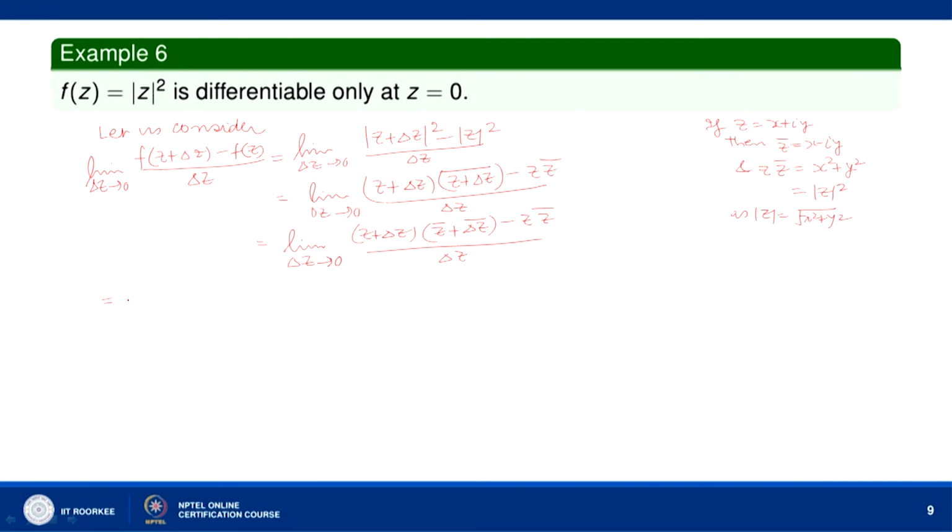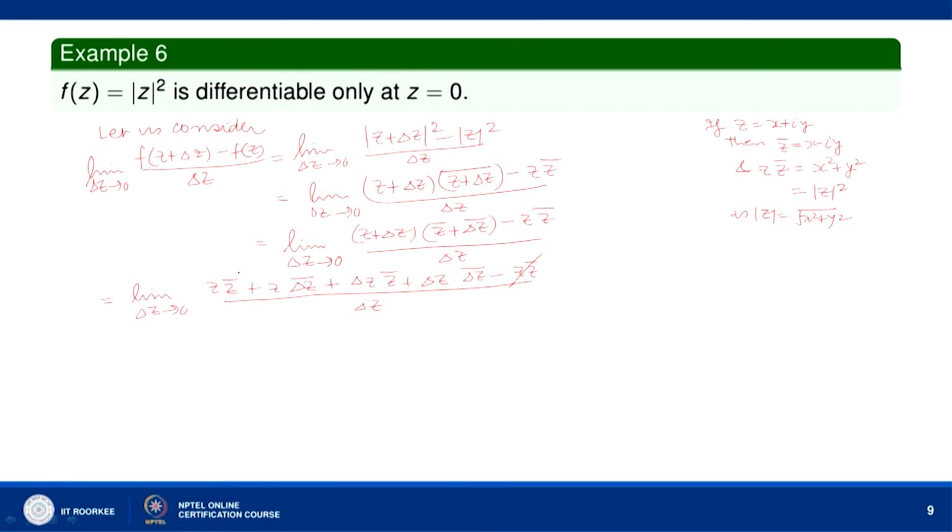Now, this is equal to z into z conjugate, z into delta z conjugate, then delta z into z conjugate, then delta z into delta z conjugate, minus z z conjugate, divided by delta z.